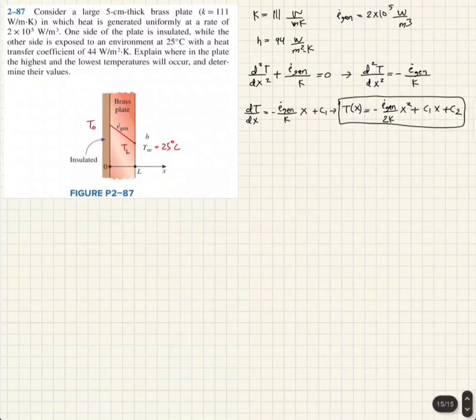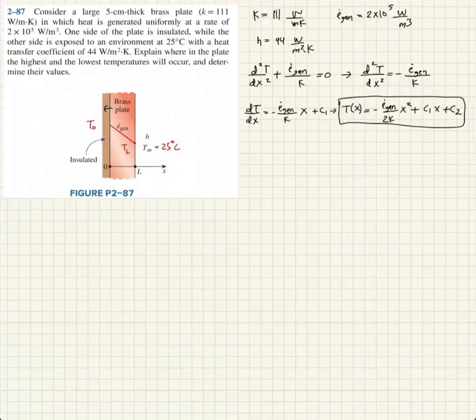And now if you look right on this side, there is no heat flux, because all the heat that is being generated inside this plate is dispersing both ways, but it has no way to escape on the left side because of the insulation. It can only escape on this side, right, which is why we have a lower temperature.